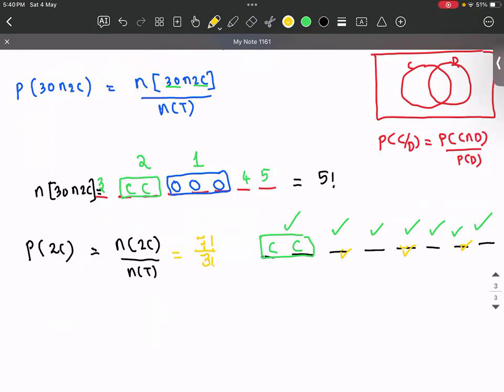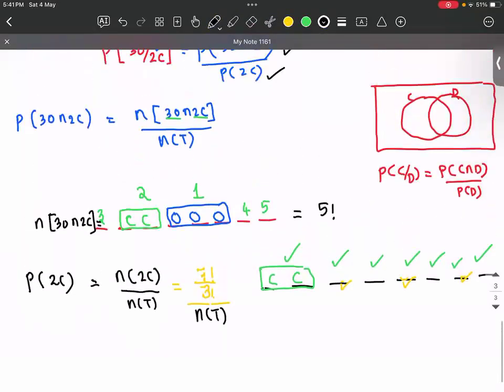So that is 7 factorial by 3 factorial divided by the total number of arrangements.